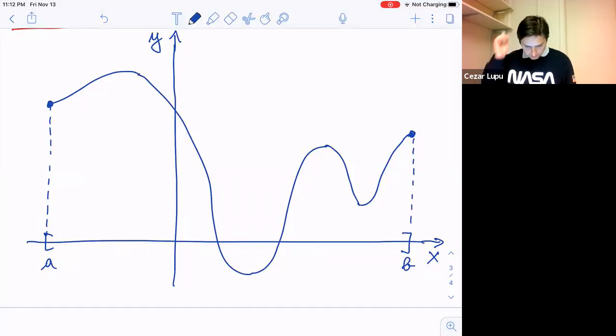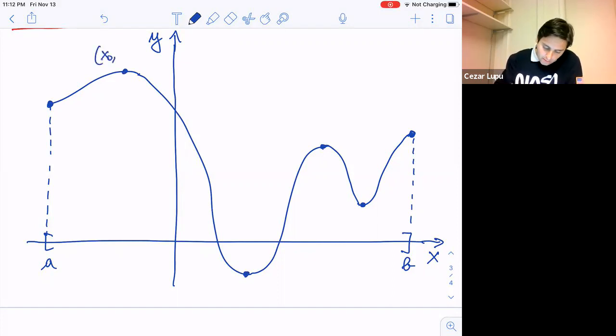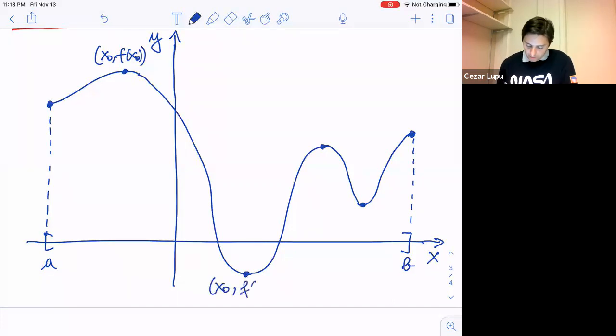All right, we'll just say here we have another point. So here we have some points. Again, here I have a point, and here I have a point. And then let's say here I have a point. Now let's just say here it's a point of coordinates x naught, f of x naught. Let's say here it's the point x1, f of x1.